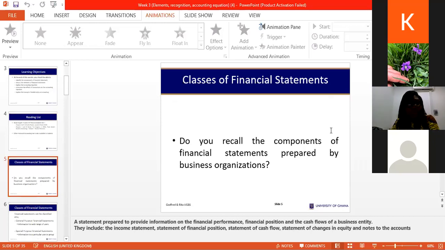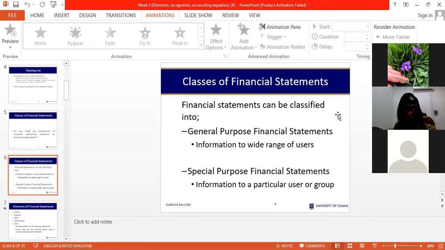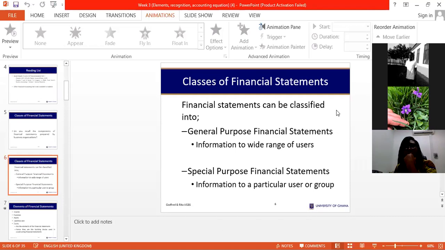Okay, and then Samuel Edu, what are the components of financial statements? Samuel Edu. Yes, Isaac Robin. Okay, Madam, we have the statement of financial position.